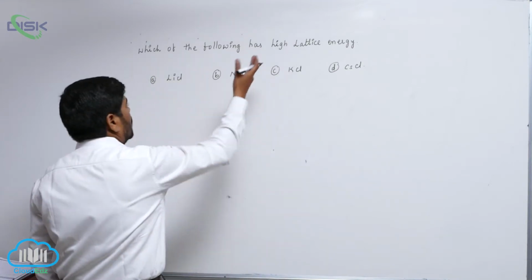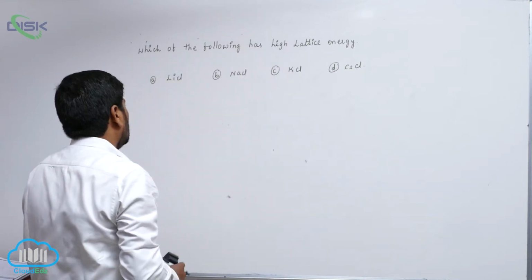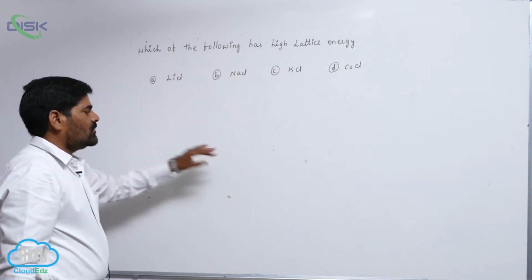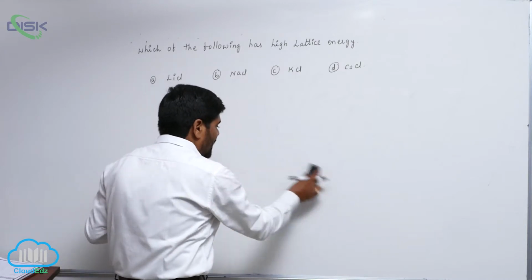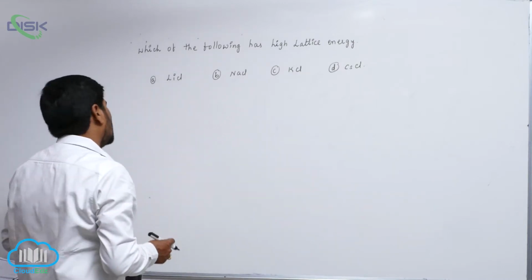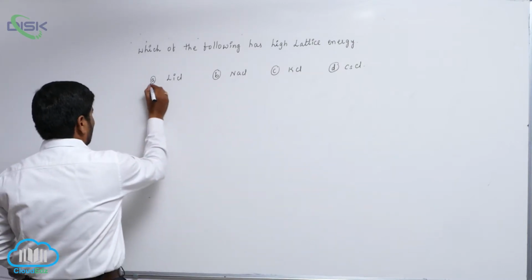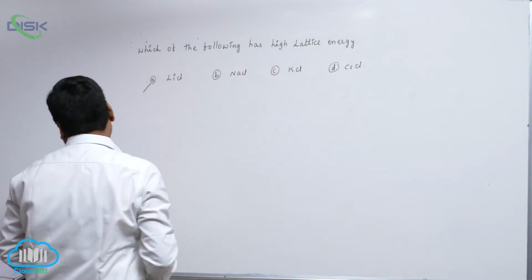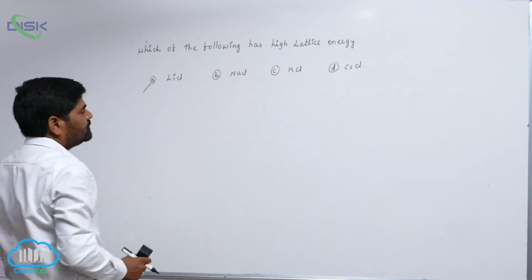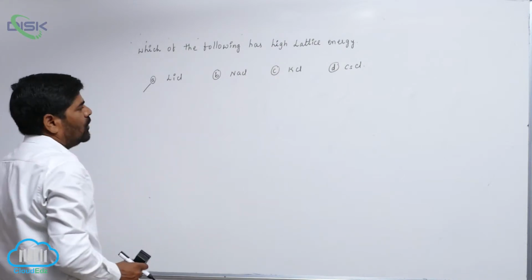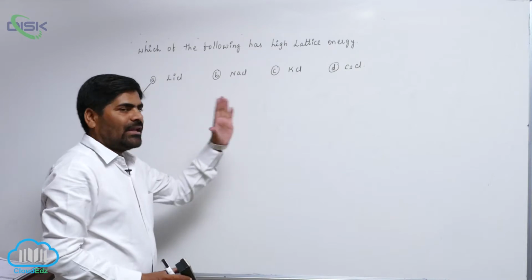If the cation size is smaller, lattice energy increases. So the highest lattice energy is for lithium chloride. This was about lattice energy.